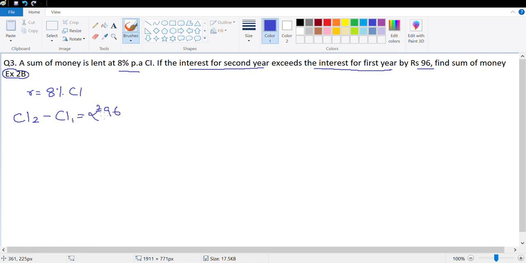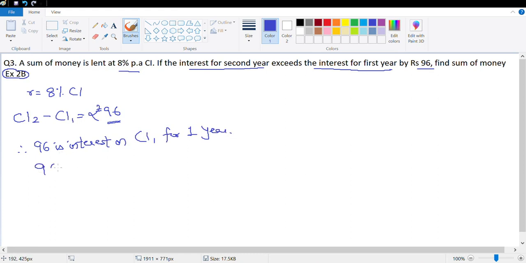So this is basically the same concept that we've done, which is if the difference between the two compound interests of two successive years is equal to the interest on compound interest for the first term. Therefore, 96 is interest on compound interest 1 for 1 year.